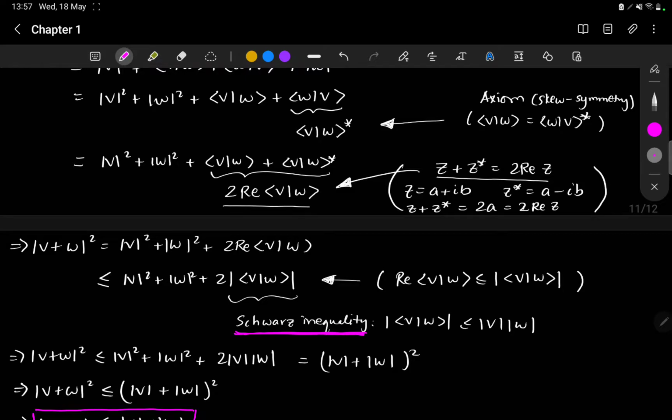So this is the Schwarz inequality which we will prove in another video. But this was an identity that we were given in the question, and we used this identity to basically derive or prove the triangle inequality.